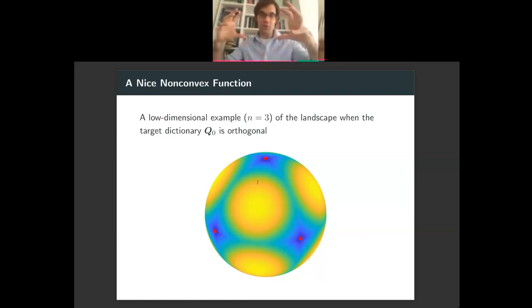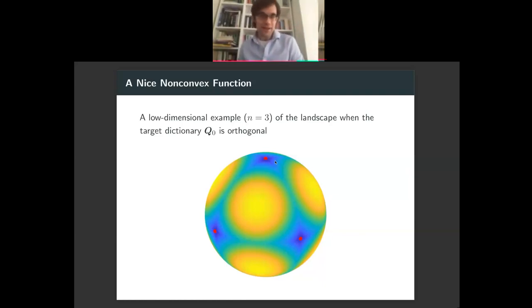We started with an orthogonal group, which corresponded to the dictionary as a whole. Now we've reduced to a sphere, which corresponds to a single column. And you can see, even with this reduction, there are multiple equally good solutions. These are the red points. These correspond to different columns of the true dictionary and their negatives. So they're sort of spread about on the sphere.